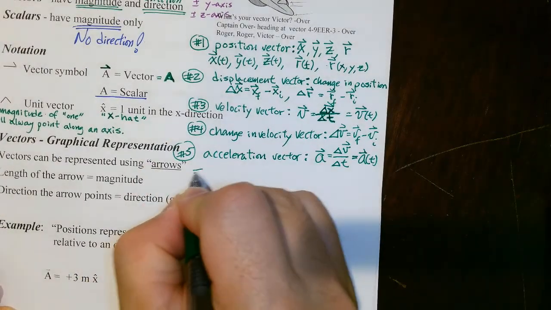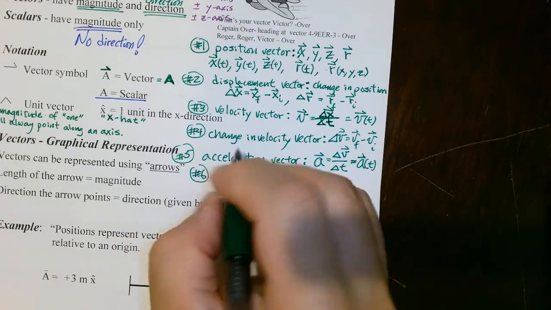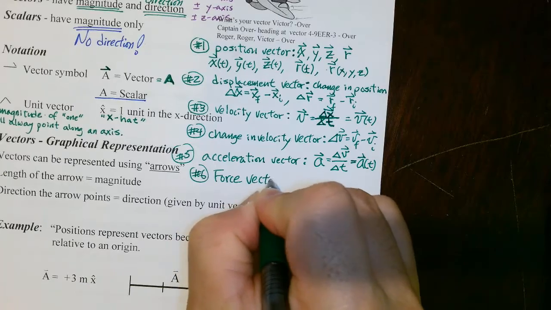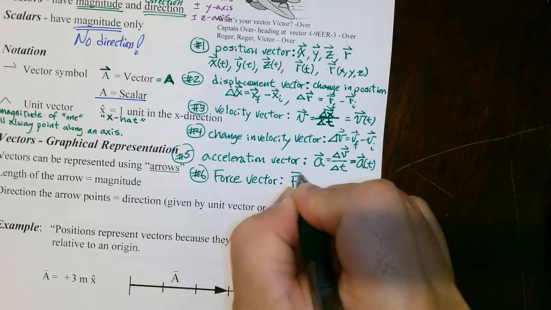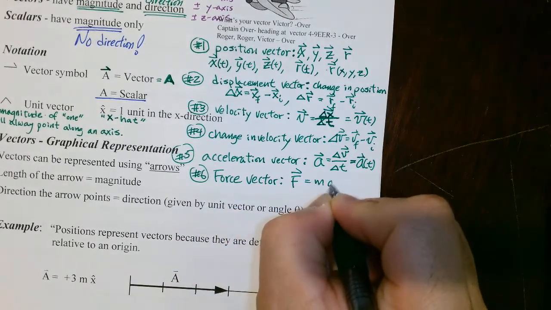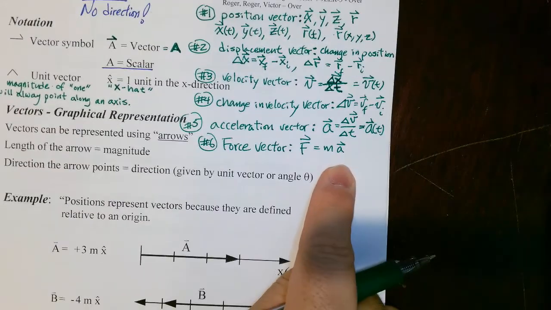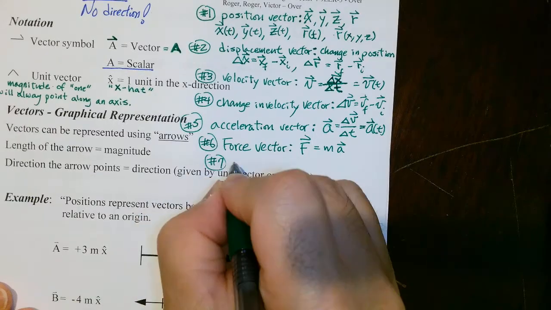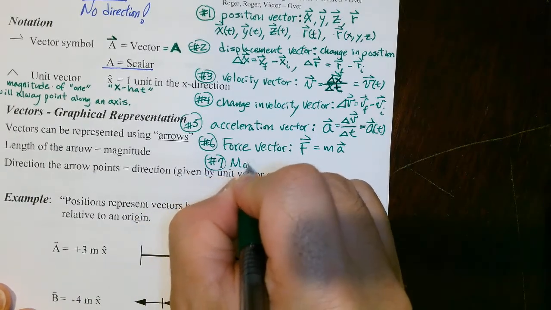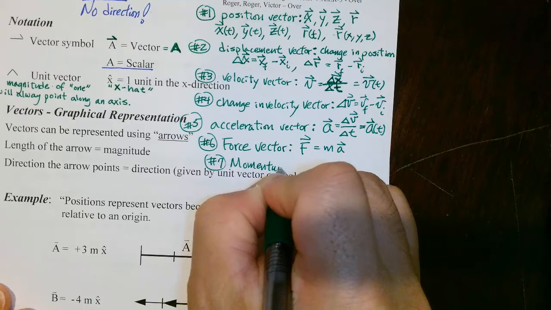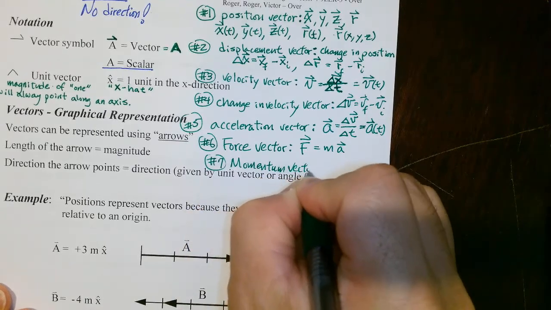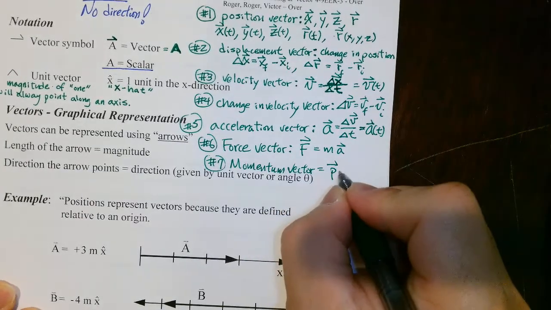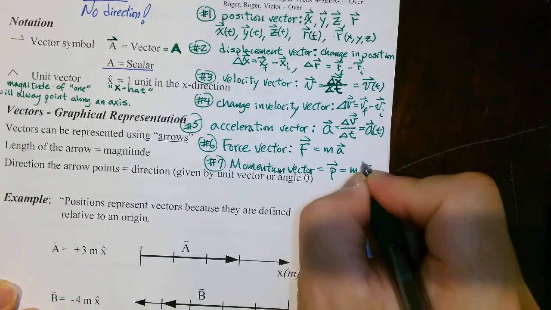Then, number 6, we have force vector, okay. Now, force vector is F, and that is equal to mass times the acceleration vector. And number 7 is momentum. And that is represented with lowercase p, and that is m times the velocity vector.